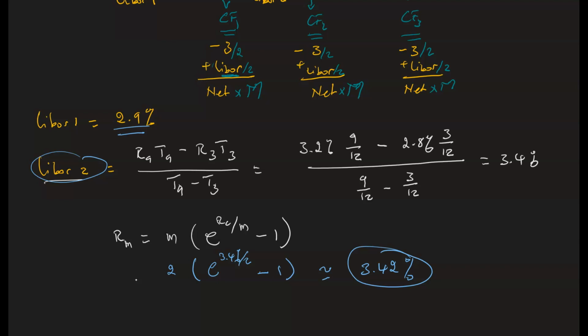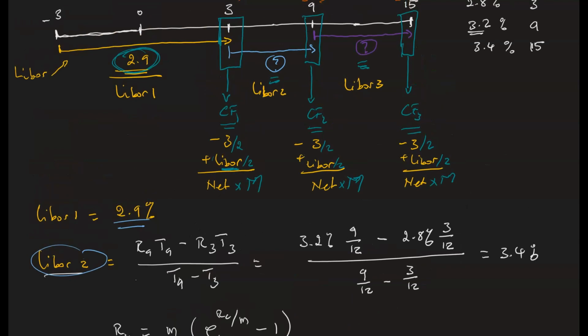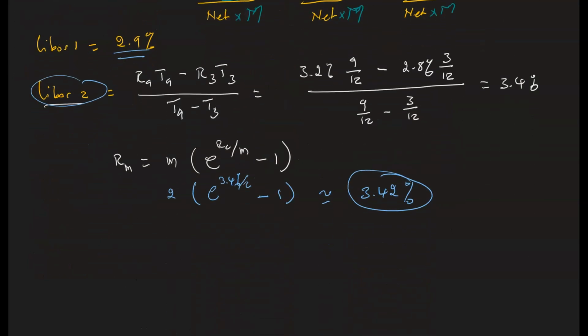Now, what is LIBOR 3? And remember, LIBOR 3 is this value here. We just found the LIBOR rate that's going to apply to the second period. Now we need to find the LIBOR rate that's going to apply to this third period here. We're still going to use the forward rate agreement expression. So LIBOR 3 is going to be equal to, in this case we are working with LIBOR 3, so we're going to use the 15-month and the 9-month.